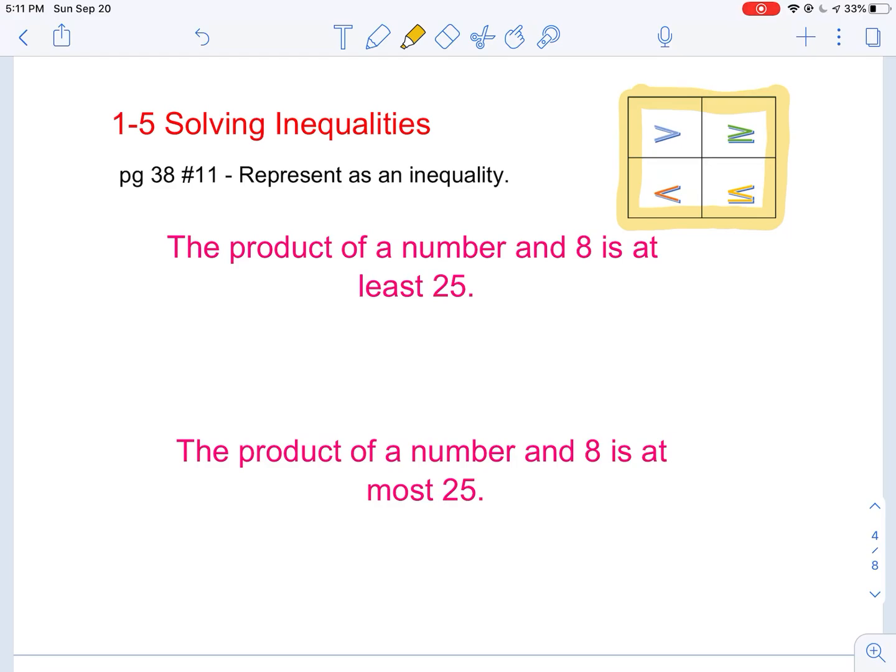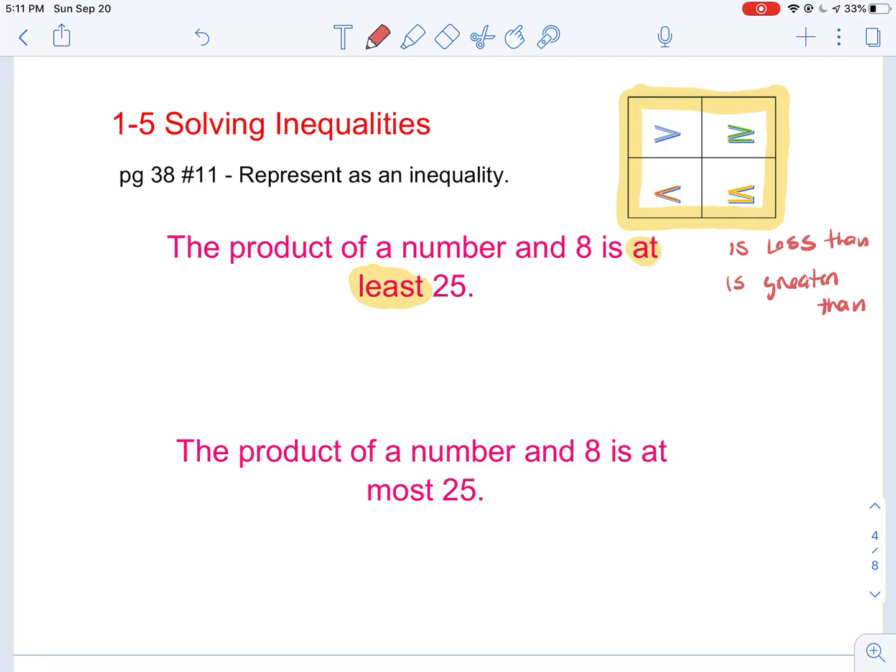So first we need to talk about keywords that tell me I have an inequality. Well, of course, if you ever see is less than, is greater than, etc., those tell me I have inequalities. But also, if we read this example, the product of a number and 8 is at least 25. At least is a key word that tells us we have an inequality.